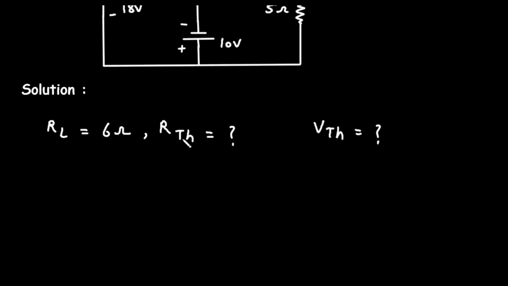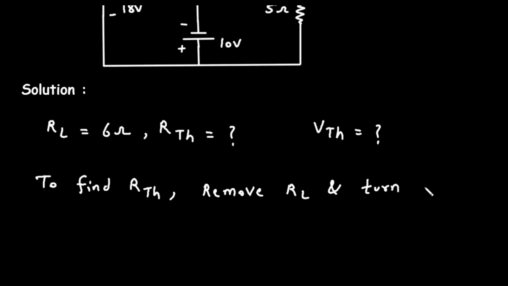So first of all, let's find the value of RTH. To find RTH, what we will do? Remove RL first, and turn off all independent sources.